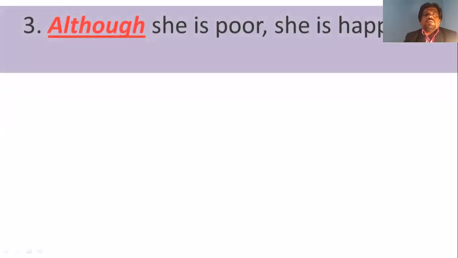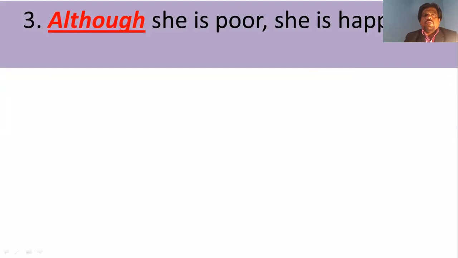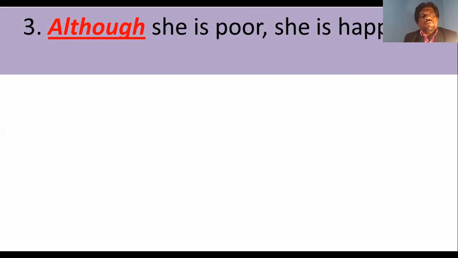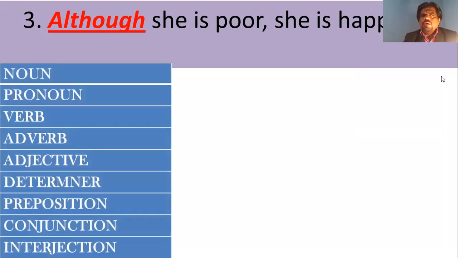And now comes the third word, although. Although she is poor, she is happy. What could the word although be? Is it a noun?